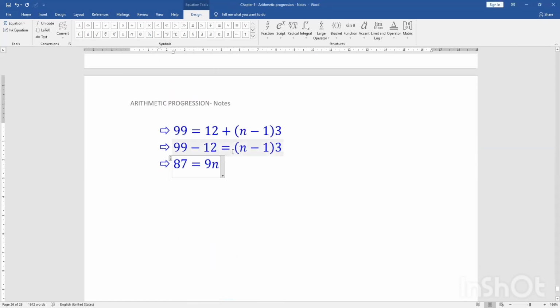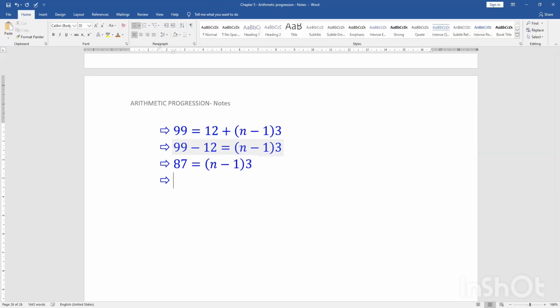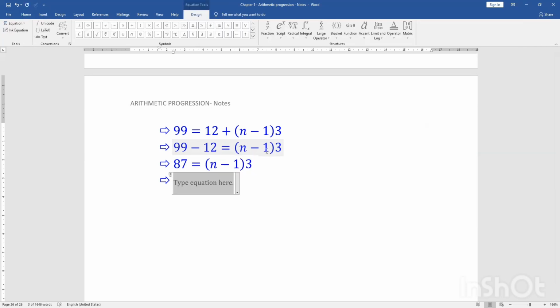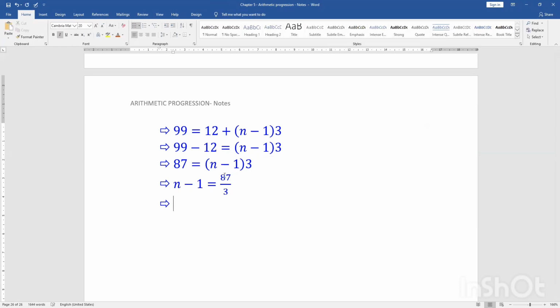So 87 equals N minus 1 into 3. Or we get N minus 1 equals 87 divided by 3. And 87 divided by 3 is how much? 29.